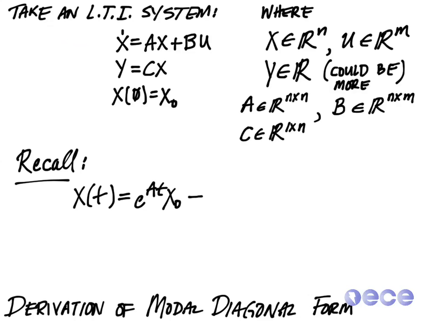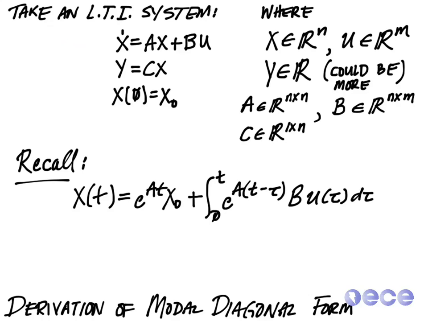So the solution x of t to this differential equation is e to the At times our initial condition x0. So e to the At is the state transition matrix, the exponential matrix. x0 is our initial condition.